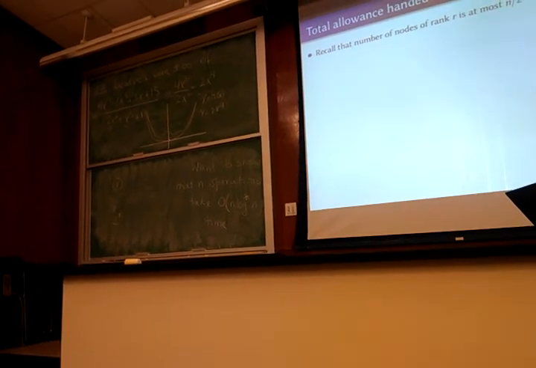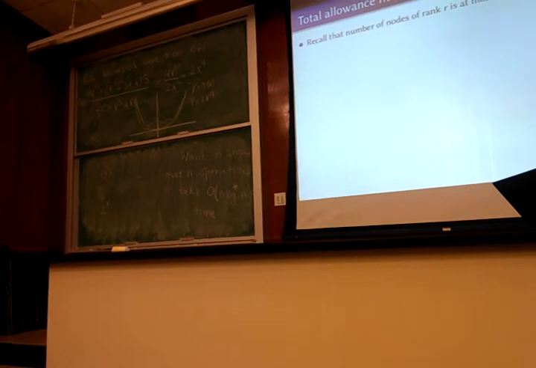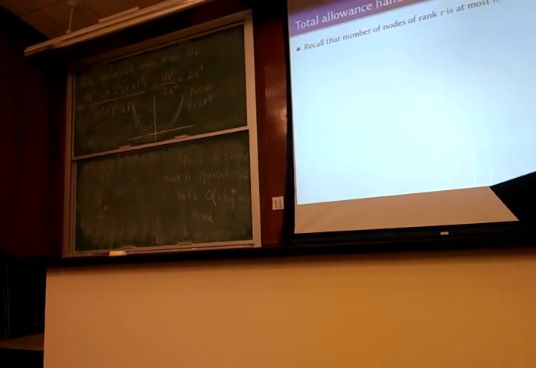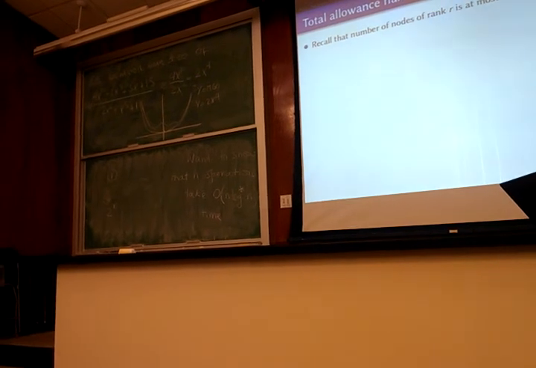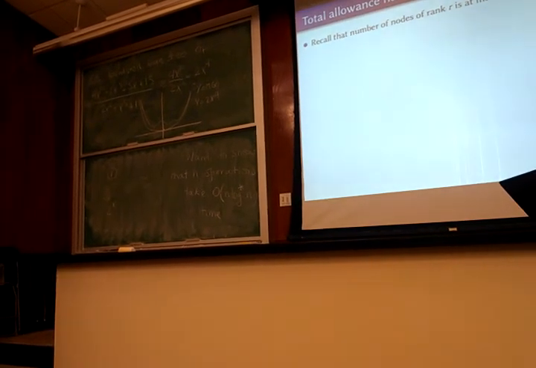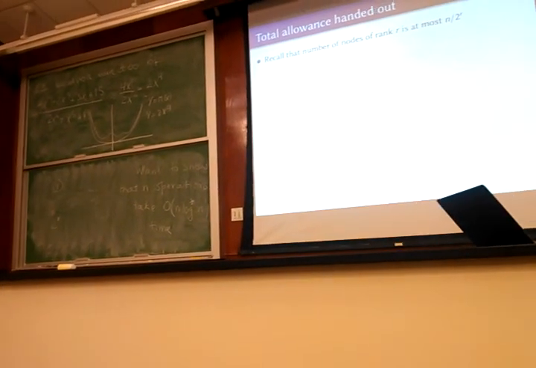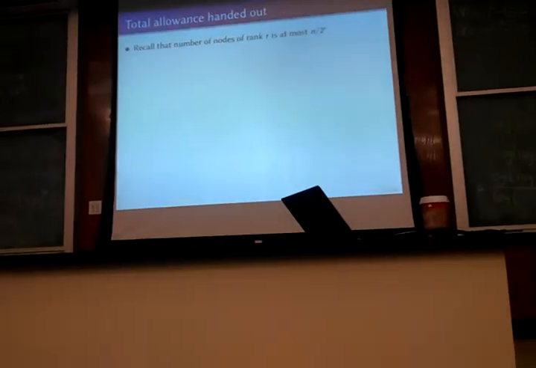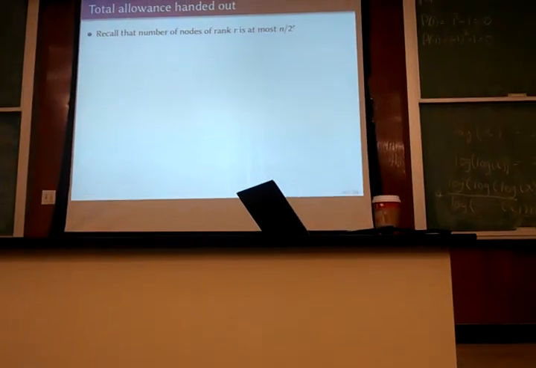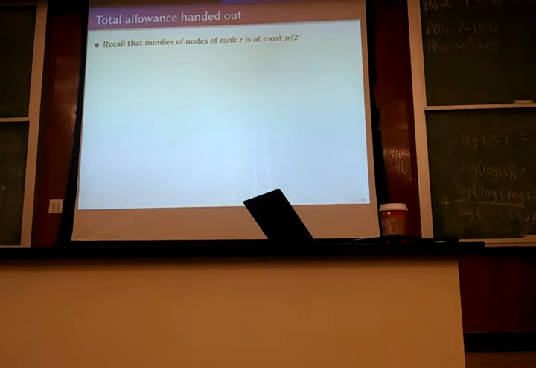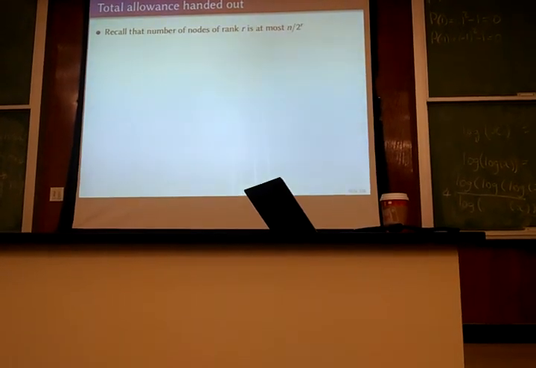So once you have a node of rank r, it's going to have at least 2 to the power r children. Since the total number of children is n, the number of nodes at this height of r has to be at most n by 2 to the power r, because each node at height r is going to have 2 to the power r elements below it.